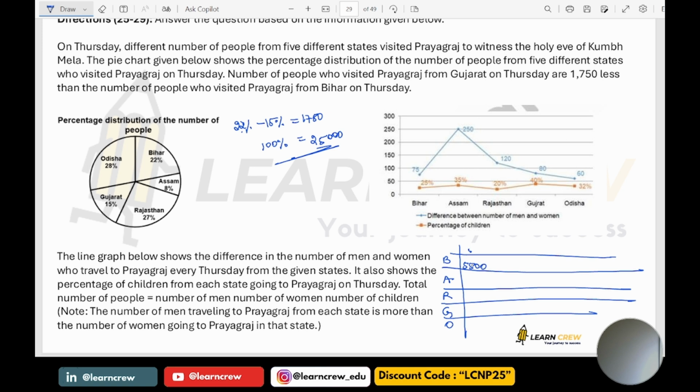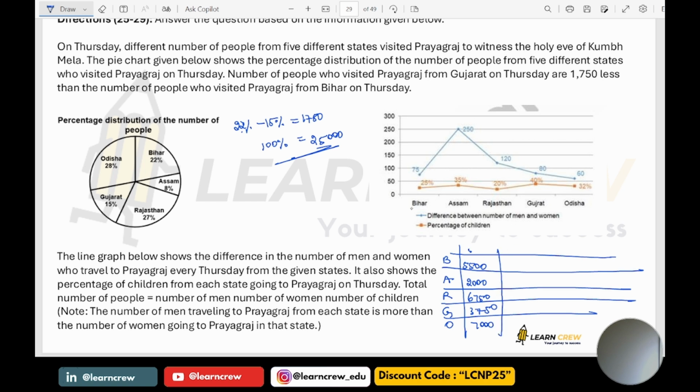And from Assam, it is 8 percentage, which is 2,000. And from Rajasthan, it is 6,750. And from Gujarat, it is 3,750. From Odisha, it is 7,000. This is the total number of people visiting.